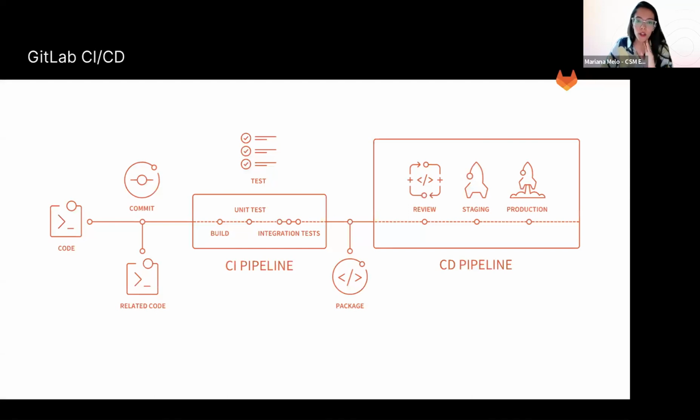Now here, going a little bit further, the CI and CD. You have your code project, and then you want to commit it, and if necessary, add other related code here, which is also possible, for example, within the same repository. Once committed, the CI pipeline is triggered. It would build your application, use GitLab runners that we will see in the next slide, and run unit and integration tests to check if the code is valid.